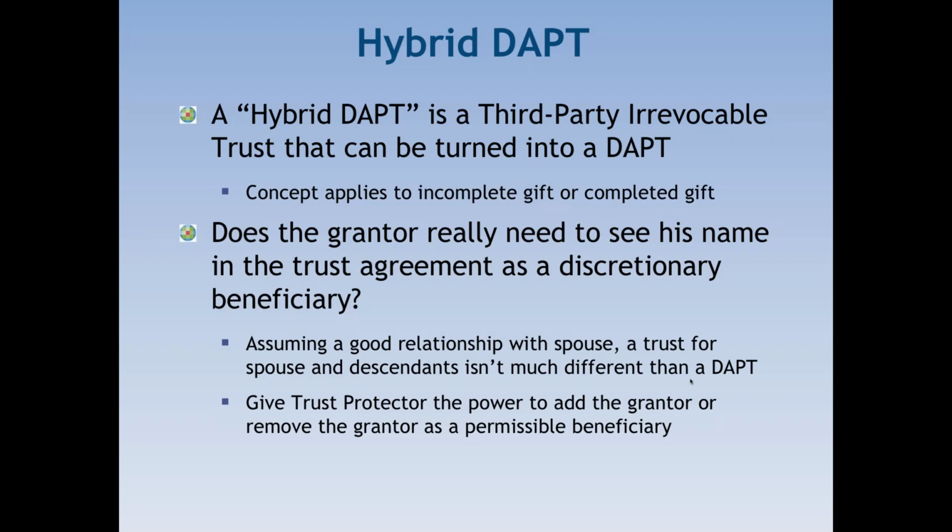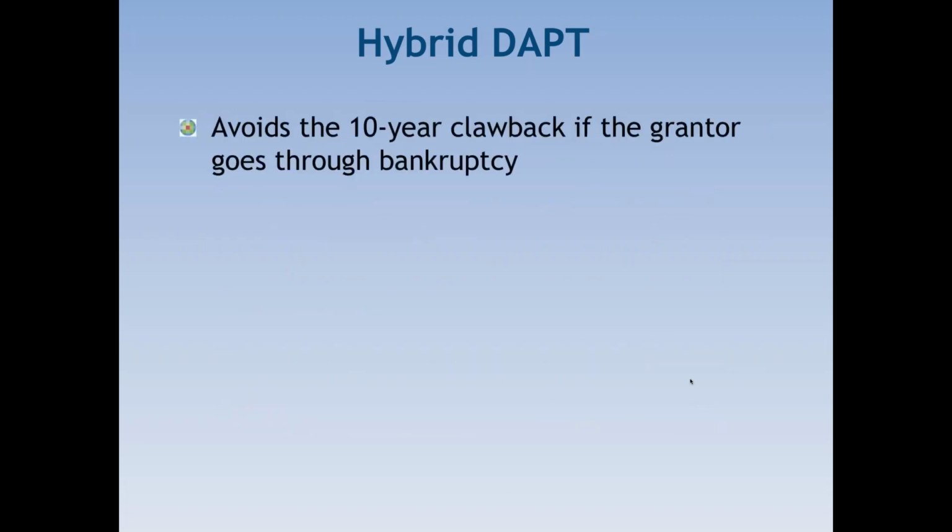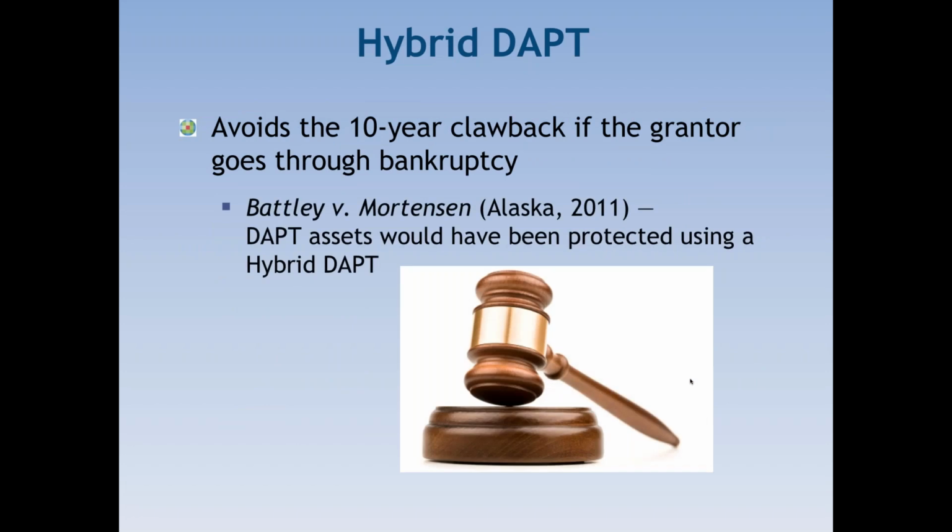Give the trust protector the power to add the grantor or remove the grantor as a permissible beneficiary. So this actually avoids the 10-year clawback if the grantor goes through bankruptcy. So in this case, Bentley versus Mortensen, the DAPT assets would have been protected using a hybrid DAPT.